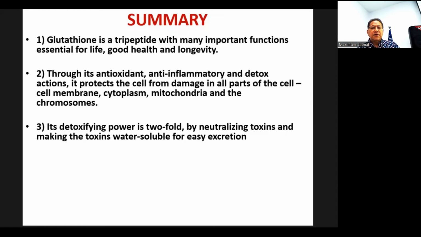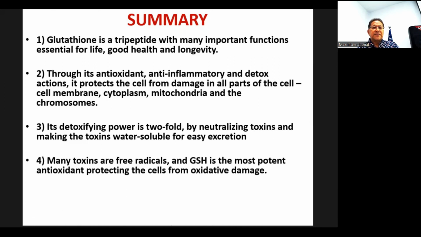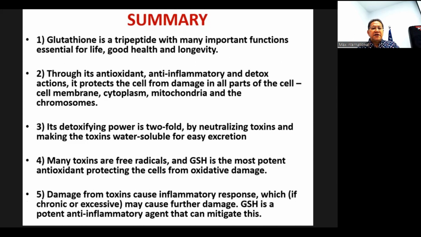Its detoxifying power is twofold: by neutralizing toxins and making the toxins water-soluble for easy excretion. Many toxins are free radicals, and glutathione is the most potent antioxidant protecting cells from oxidative damage. Damage from toxins causes an inflammatory response, which, if chronic or excessive, may cause further damage. Glutathione is a potent anti-inflammatory agent that can mitigate this.